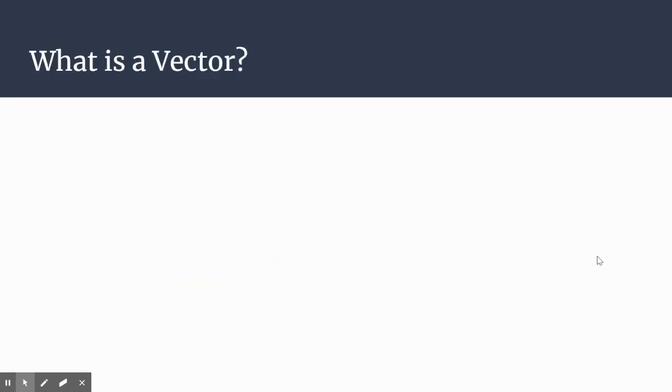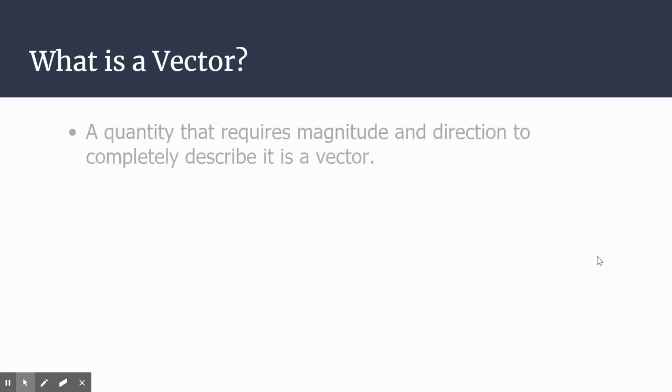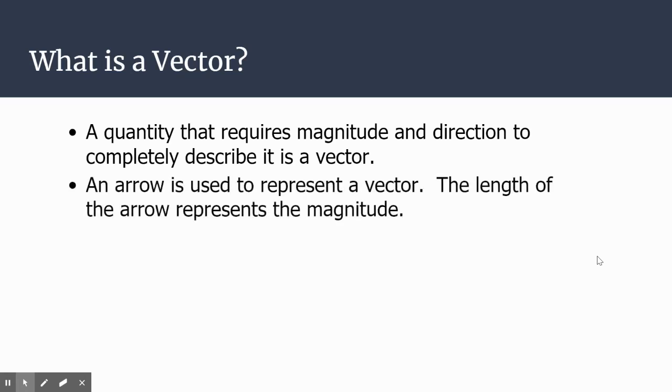Okay, so what is a vector? We touched on it a little bit with a basic definition, but here's a little bit more. Like I said earlier, it's a quantity that requires a magnitude and a direction to completely describe. In vectors, an arrow is used to represent it, and the length of the arrow represents the magnitude.